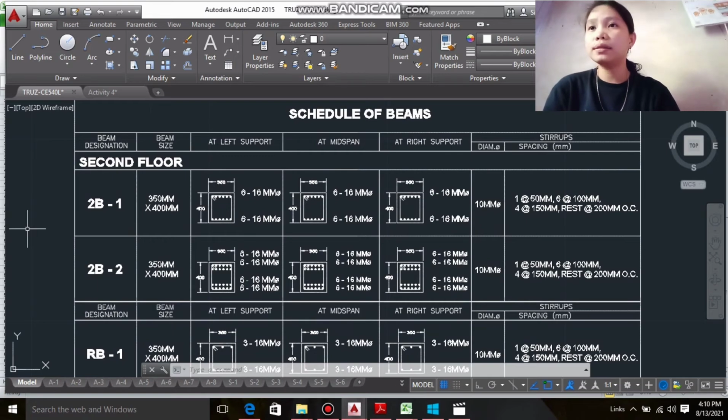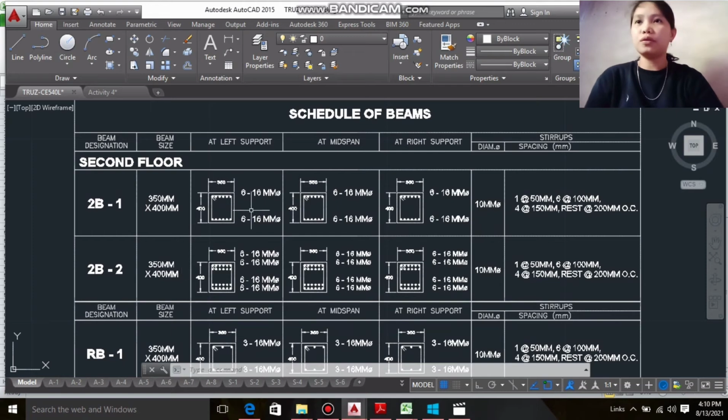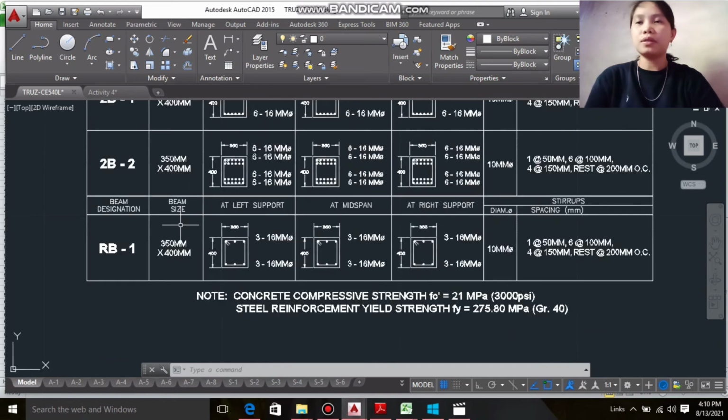Beam 1 is 350 mm by 400 mm. So, the diameter of 10 mm. And beam 2 is 350 mm by 400 mm. And for the schedule of beams from the roof beam, it is 350 by 400 mm and a diameter of 10 mm.